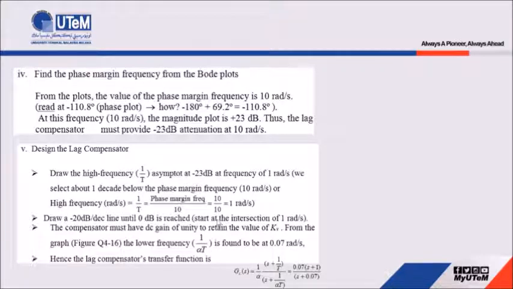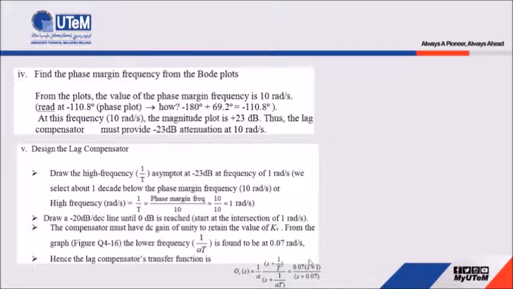After we get all these values, the transfer function for the lag compensator is 0.07, which represents 1 over alpha T, and 1 over T is represented by the 1 in s plus 1, divided by s plus 0.07.